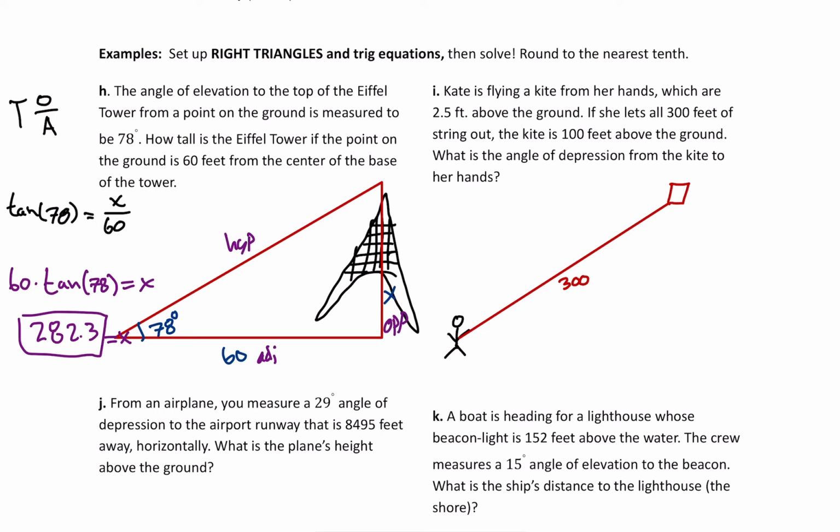Remember, angle of depression starts at a horizontal, so I'm going to need a horizontal line here. So my triangle is going to look like this. The angle of depression, so from the horizontal down, is going to be what we're looking for. That's x. So we're trying to solve for that.